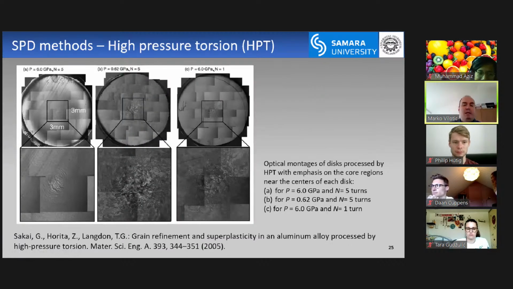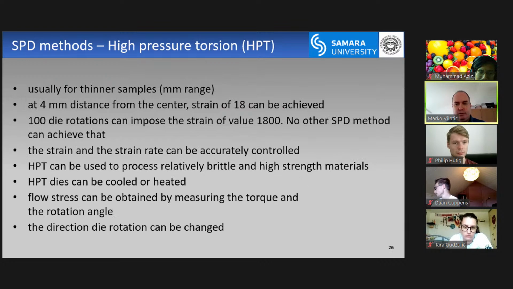It's normal. And in this slide, you can see the microstructure and how it changes when we use different processing parameters. Because we are late, I will not explain it in detail. For example, it says here that at 4 millimeters distance from the center, the strain is 18.